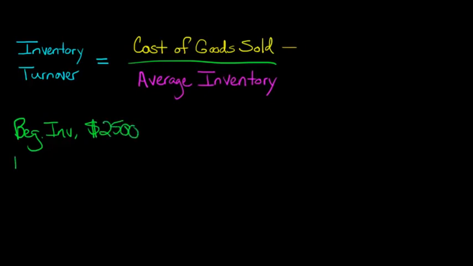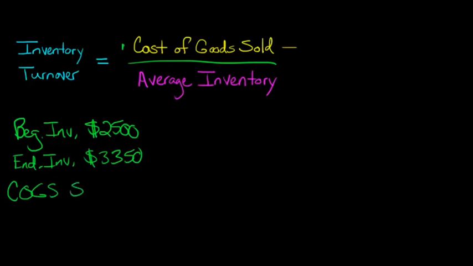And then we need the ending inventory, let's say that's $3,350. And now we need the cost of goods sold, COGS. Our COGS is $14,700. We get the cost of goods sold from the income statement, and the inventories would come from the balance sheet.